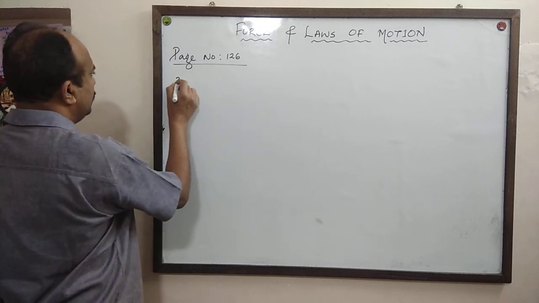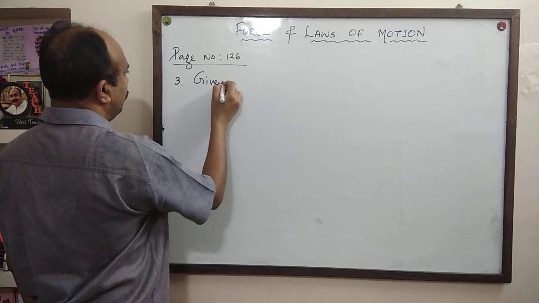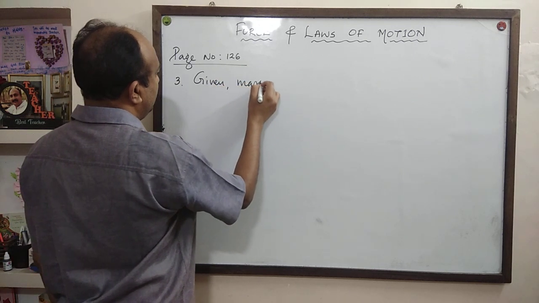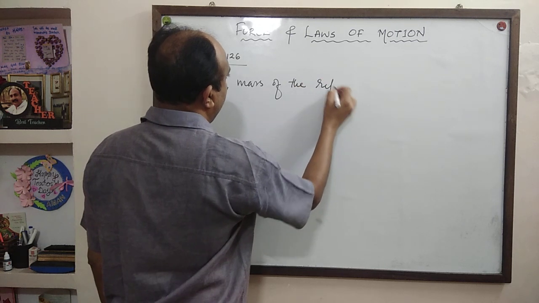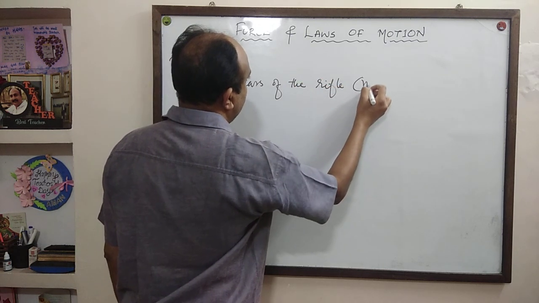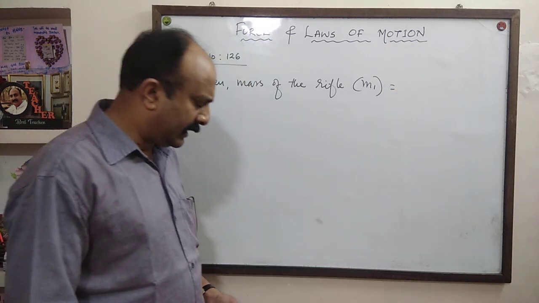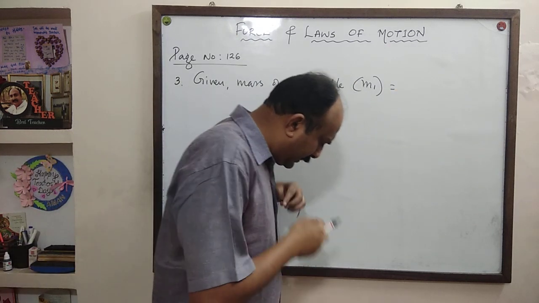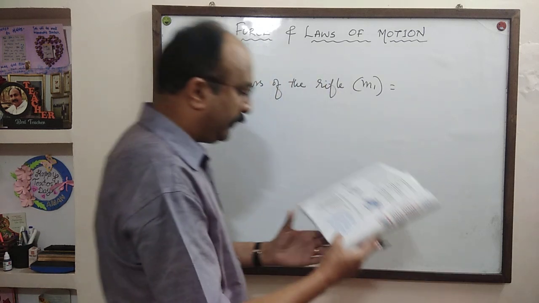So let us take, this is question number 3. Given: mass of the rifle, let us take it as M1. Here the first body is the rifle and the mass of the rifle is given, 4 kg.